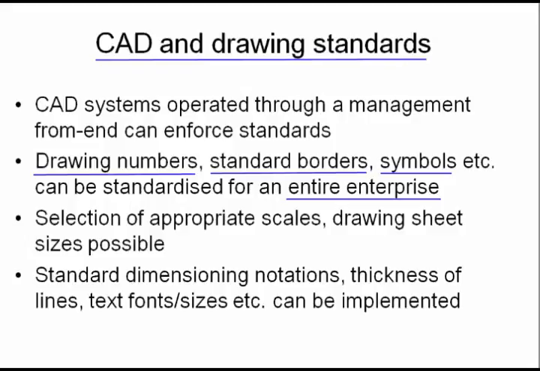The petrochemical industry and the pharmaceutical industries, to some extent, have developed their own symbols. So, appropriate scales, drawing sheet sizes, things like that, all have to fit in with documentation practice, and of course most computer-aided drafting systems will meet those requirements.